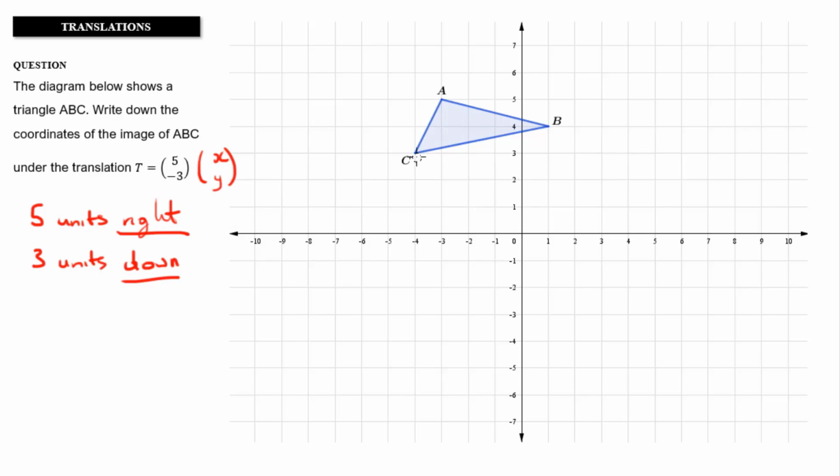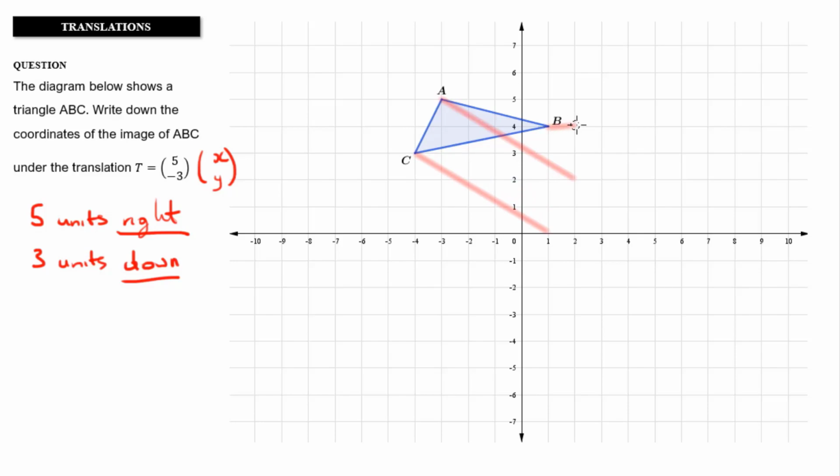So starting with A, I'm going to be moving it 1, 2, 3, 4, 5 units to the right, and 1, 2, 3 units down. So my new point A is going to be right here. Let me do the same with C: 1, 2, 3, 4, 5 units to the right, 1, 2, 3 units down.